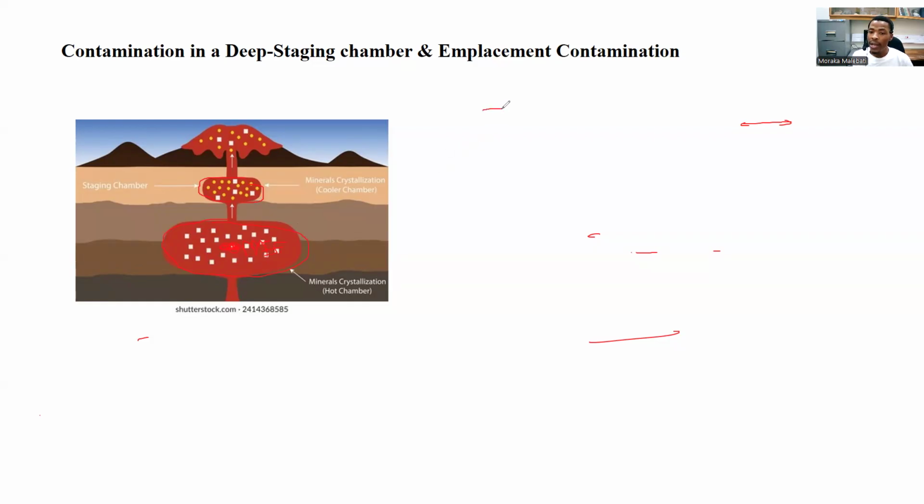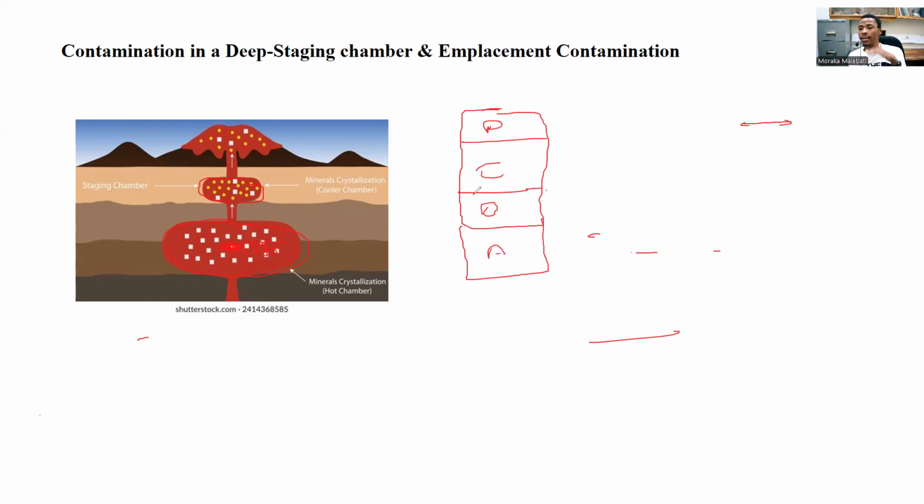So when it's emplaced, let's say we've got stratigraphic sequences of the Bushveld complex. Let's say A, B, C, D, for example. All right.